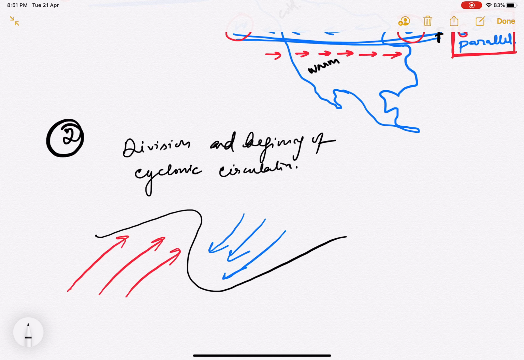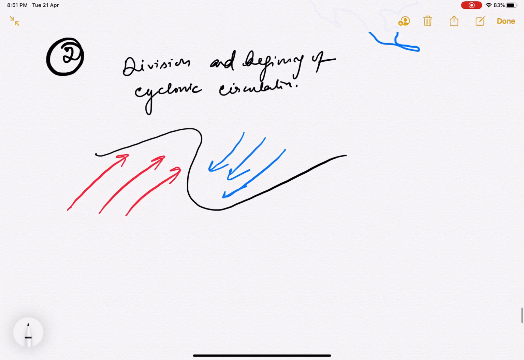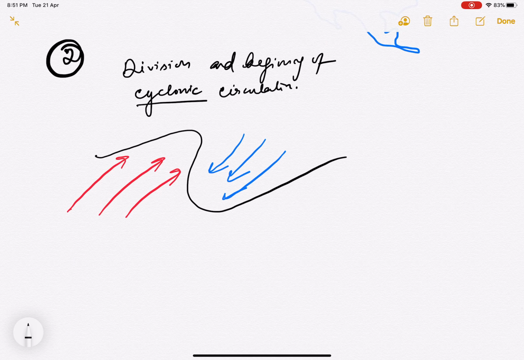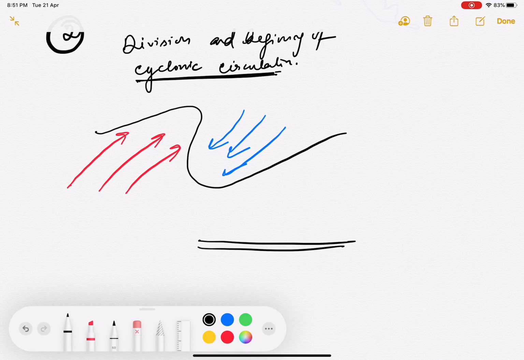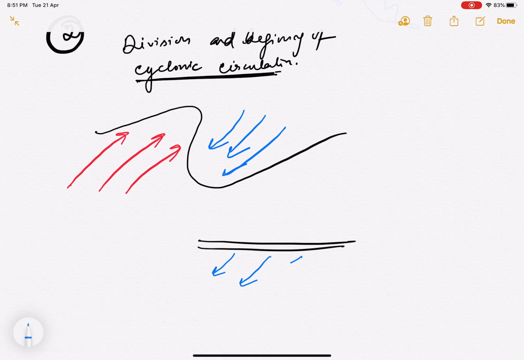Now, if you refer to my notes, I have written that once the cold air mass intrudes into this region, this is your front, and here we have the cold air mass which has intruded across your front.